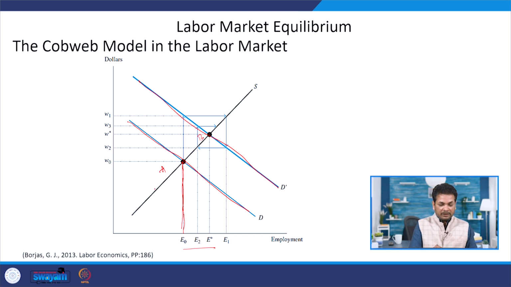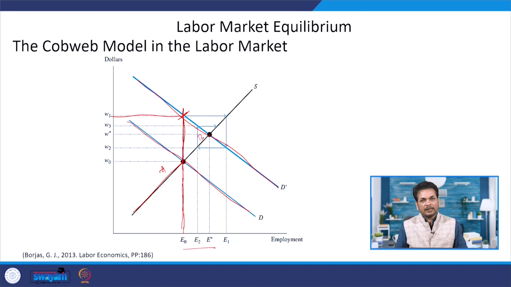So, the supply function becomes vertical, perfectly inelastic, and it intersects this new demand function at this point, resulting in W1 as the wage rate. So, at this particular point of time, because of the increase in the demand for engineering workers, there is a shortage of workers, and only E0 engineers can be produced and employed at this point of time, which leads the wage rate to be W1.